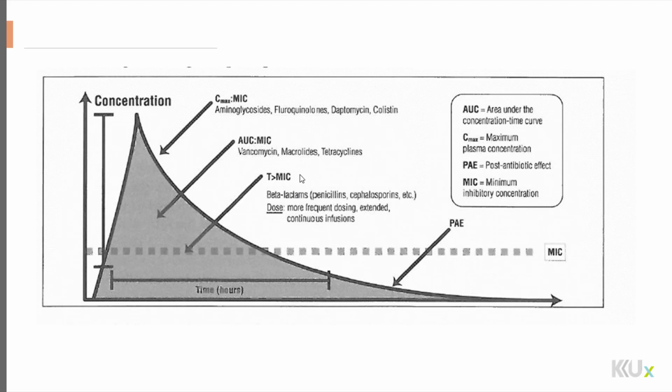For time dependent, like beta-lactams, we like the antibiotic to be above MIC for a longer period of time to maximize the benefit of the antibiotic. For example, these time-dependent antibiotics usually require more frequent dosing, extended or continuous infusion.